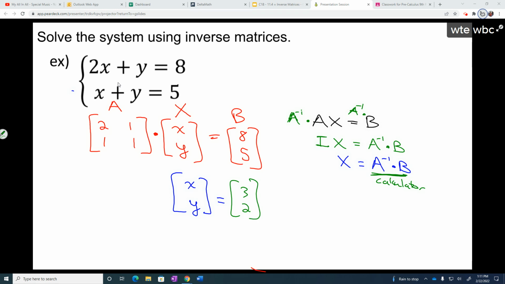And then these just match up across the rows. So x equals 3, y equals 2. We can just write it as a coordinate pair, 3, 2. That's it. So while it seems like there's a lot of complicated things going on, the actual solving of these is pretty simple.